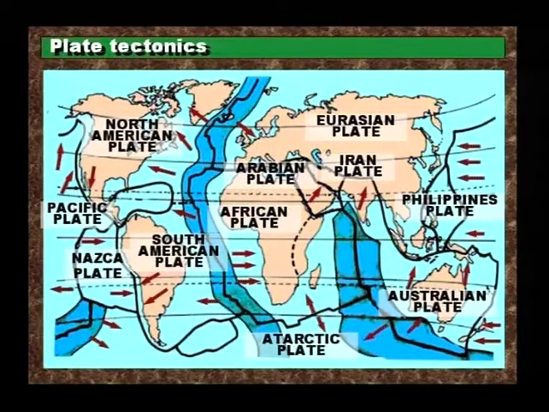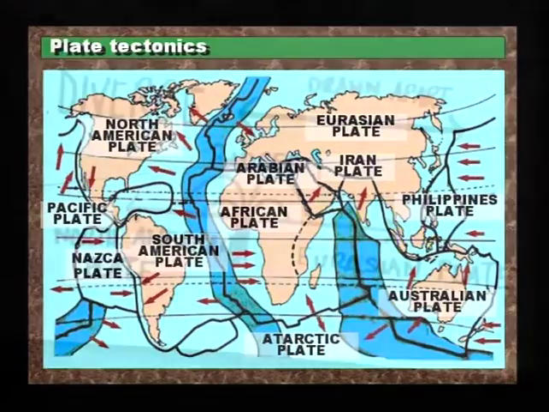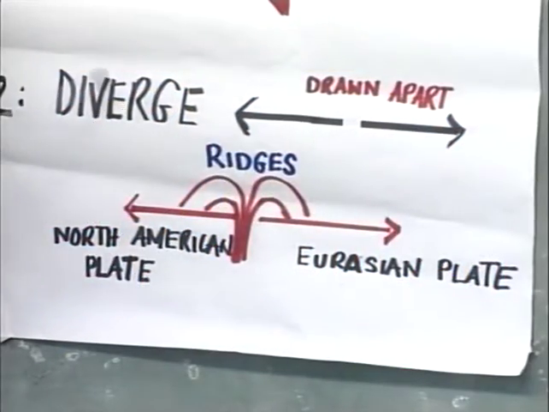If you can look at your maps, you look at the North American plate and you look at the Euro-Asian plate. Can you see the arrow? They're going away from each other, they're diverging. So along that area where the plate boundary is, there are a lot of mid-oceanic ridges that are formed there. So a ridge is a common feature of divergence.